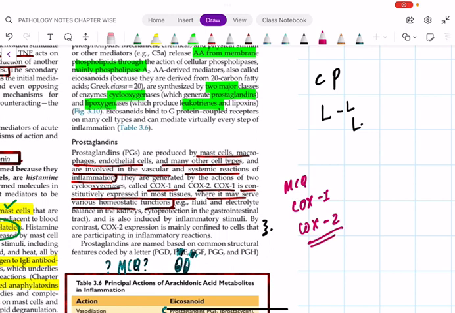Answer is COX2. That means normally this enzyme won't be expressed. Only in inflammatory conditions will this enzyme be expressed. I hope that point is clear.